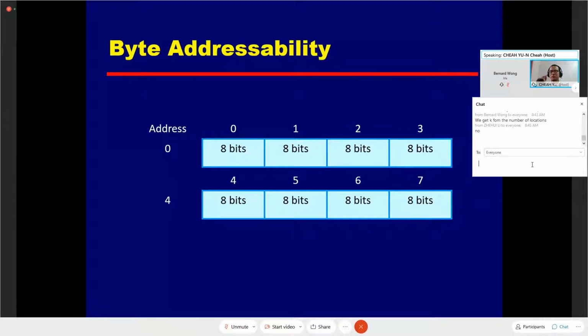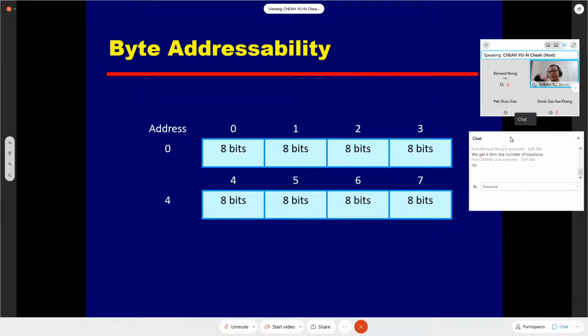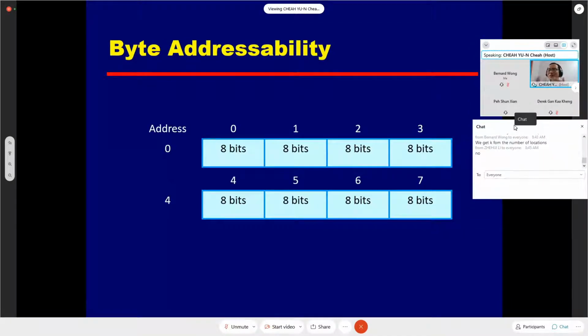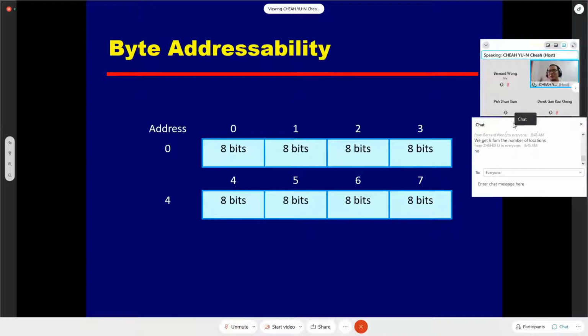When you address 1 byte, there will be 8 bits, because 8 bits is 1 byte. So every single address has 1 byte of information. Address number one, address number two, all of them have 1 byte of information each.